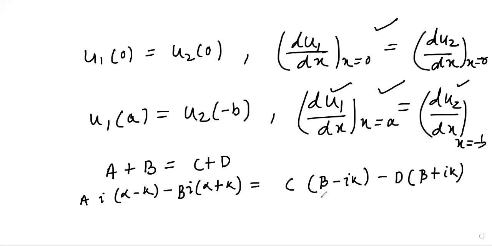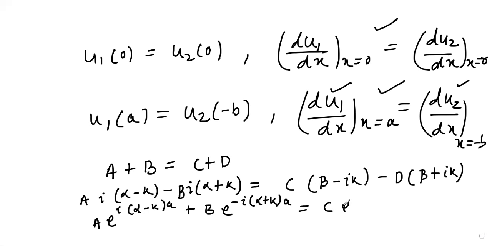Similarly, the third one we can write: e to the power i(alpha minus k)a times a plus b times e to the power minus i(alpha plus k)a must be equal to c times e to the power minus (beta minus ik)b plus d times e to the power (beta plus ik)b. This is the third equation, by substituting.